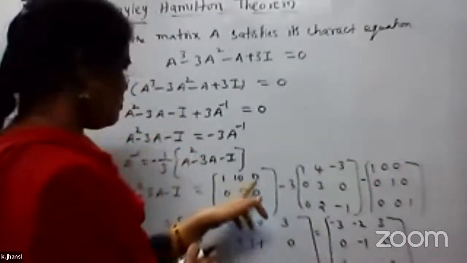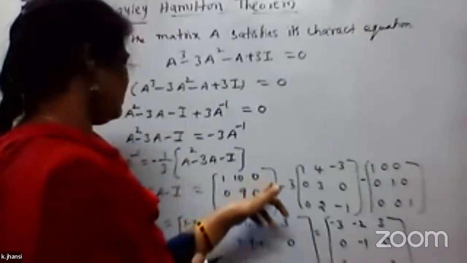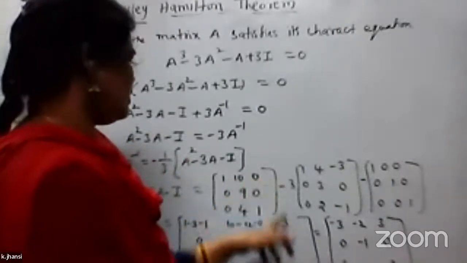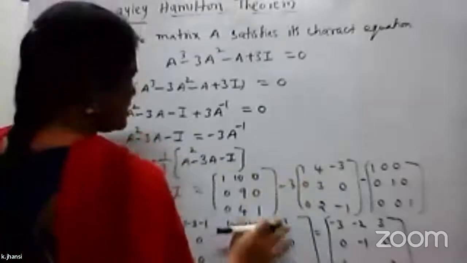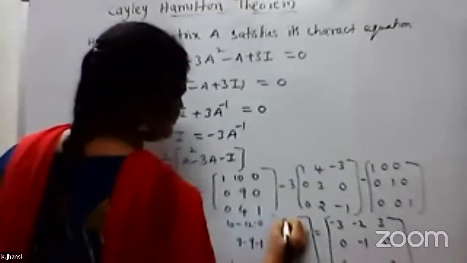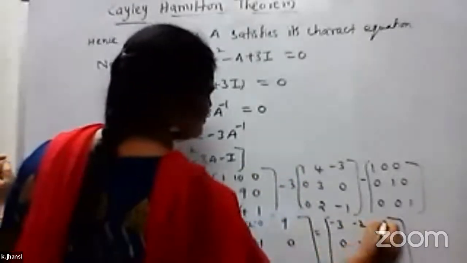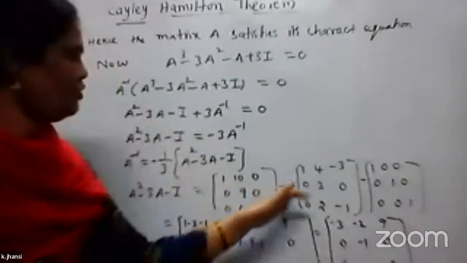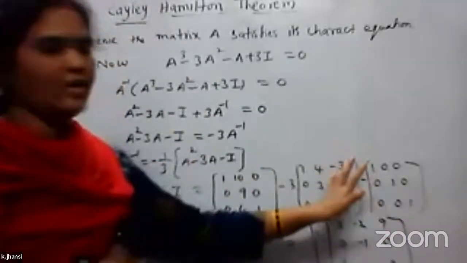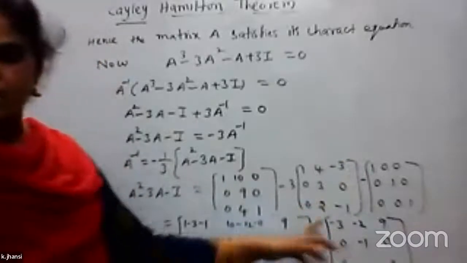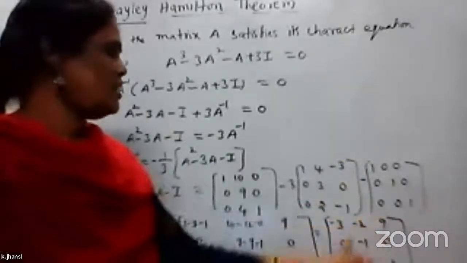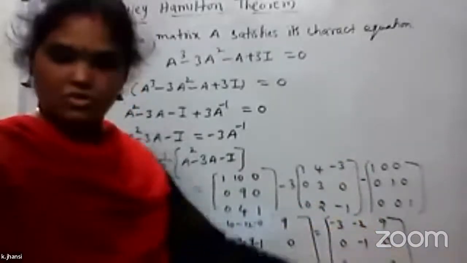Next what we have? This is 9, no? Minus into minus plus 9. It's better if you multiply them, then you add, you will get easy. So minus 3, minus 2, 9, 0, minus 1, 0, 0, minus 2, 3.